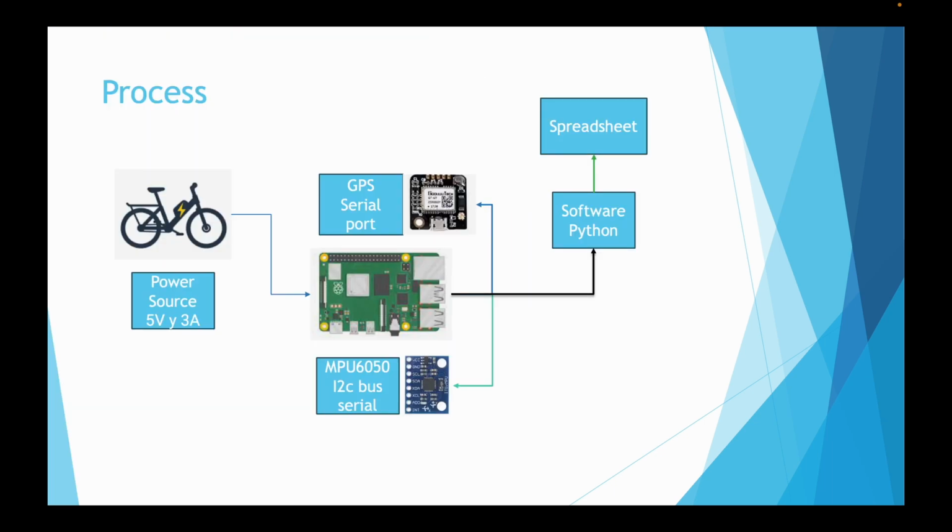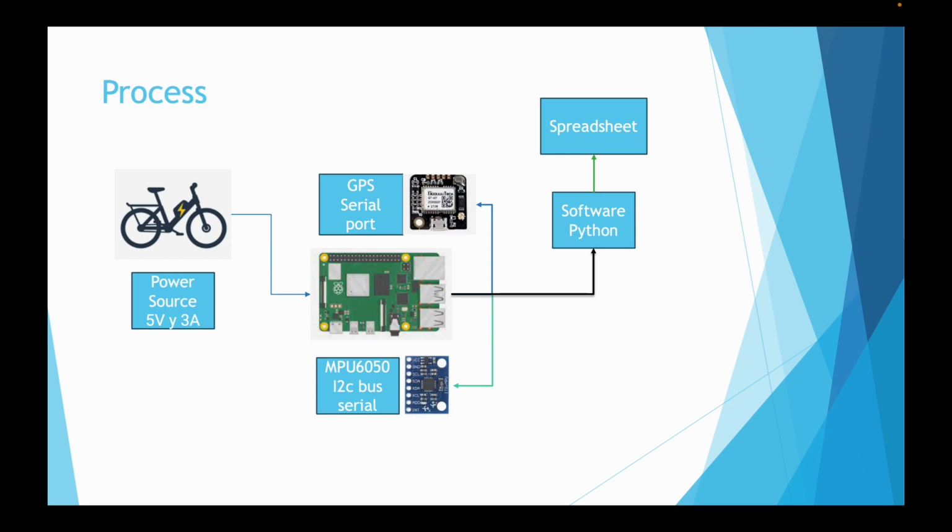So here's the process. The idea is to attach the device to the power source of the e-bike, and then connect the GPS serial port to the board.